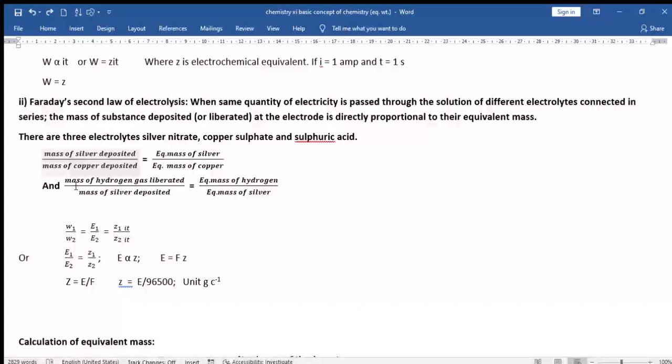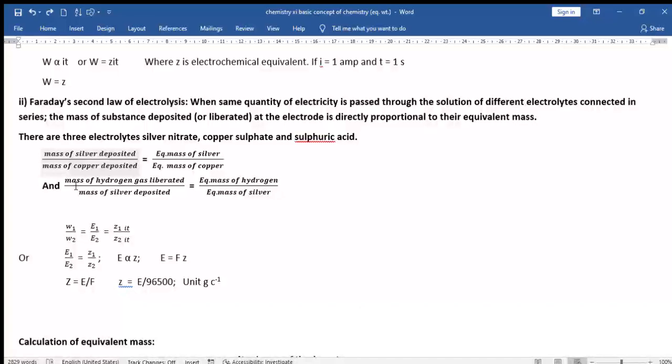It was found that the mass of silver deposited and the mass of copper deposited have the same ratio as the ratio of the equivalent mass of silver and the equivalent mass of copper.